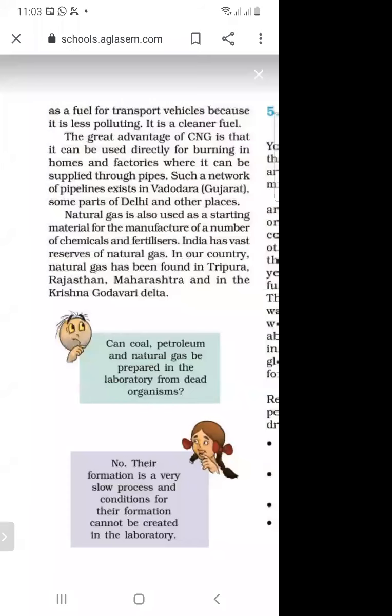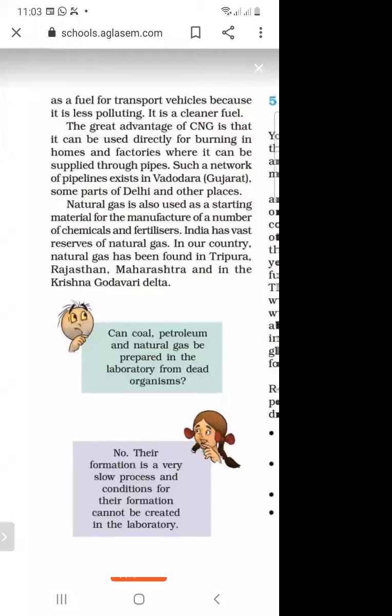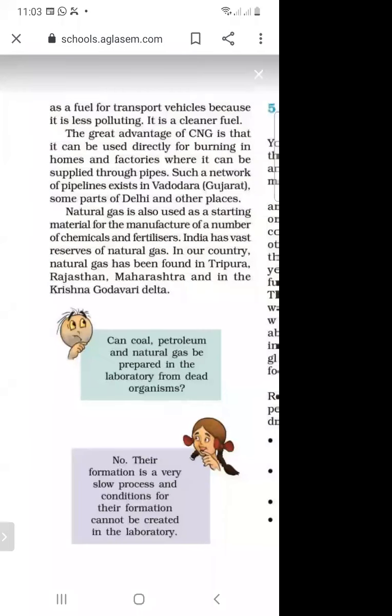So this is supplied through pipes. Such a network of pipeline exists in Vadodara, Gujarat. It is supplied in Gujarat, and also in parts of Delhi and other places.